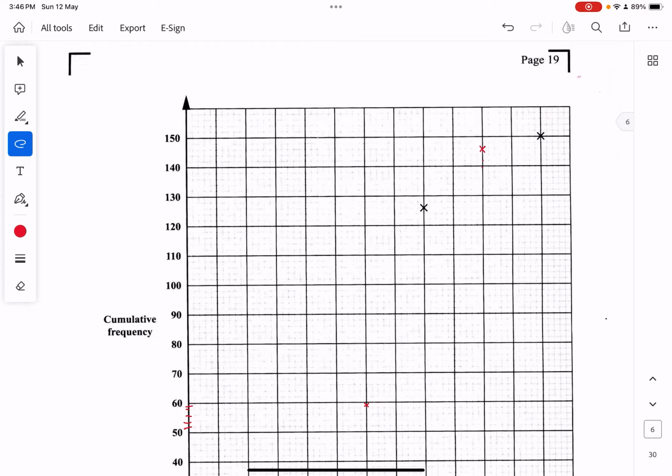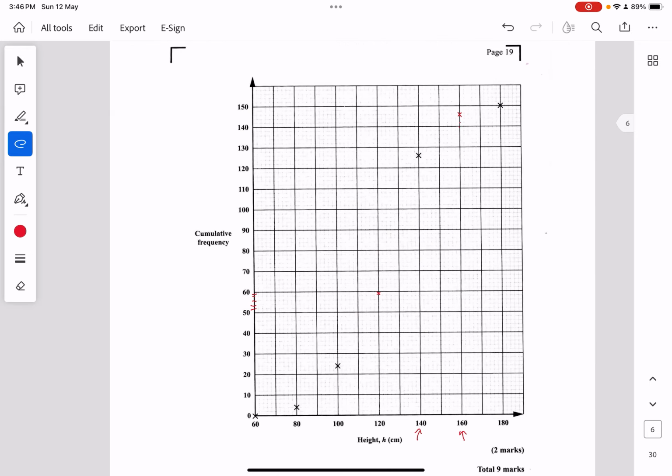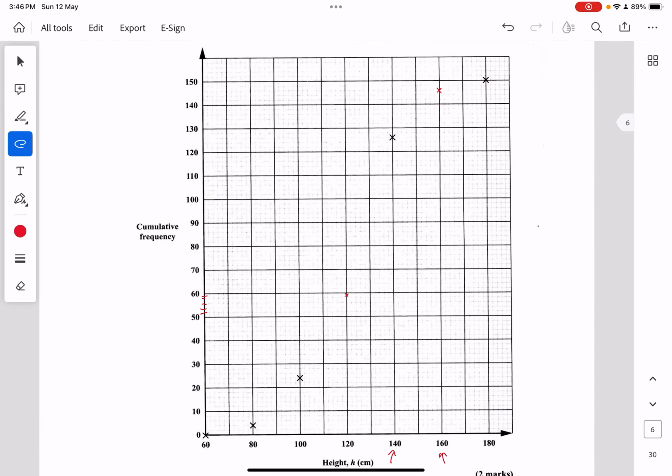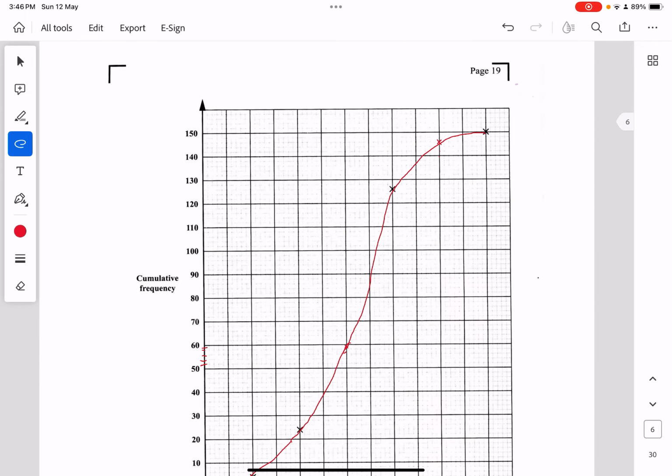And that is going to be our last point, and we simply connect the points in a nice smooth curve. Alright, so we connect the points in a nice smooth curve, and this is our cumulative frequency curve.